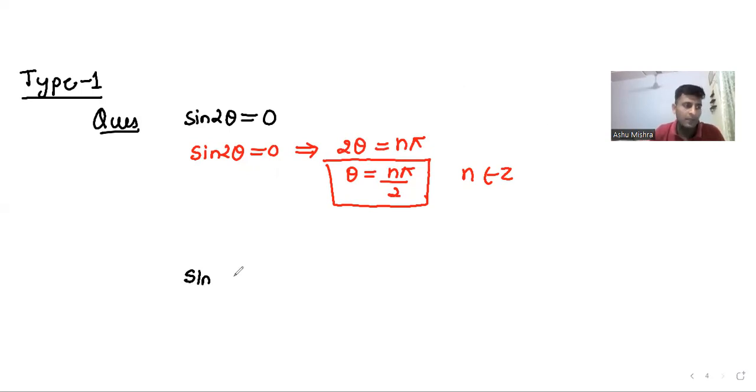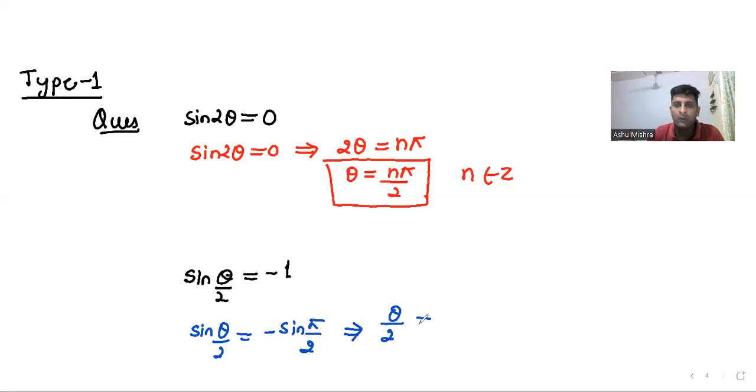If sine theta upon 2 is equal to -1, then in this case, what will be the solution? We know very well sine theta upon 2 is equal to minus of sine pi by 2.